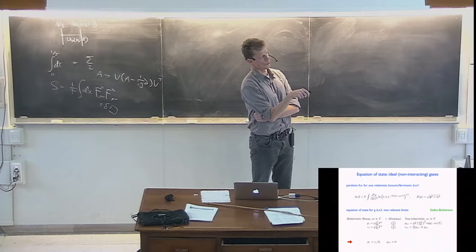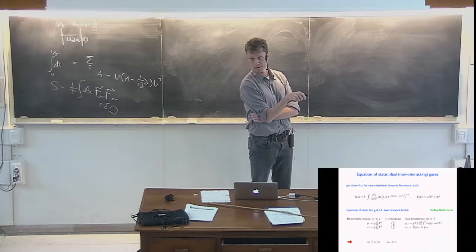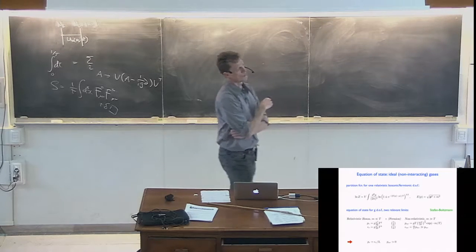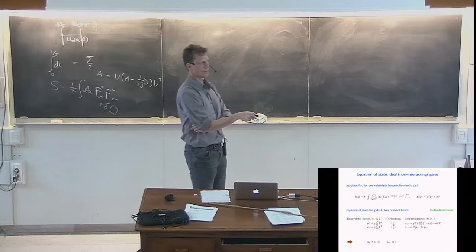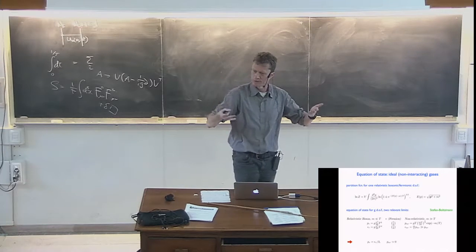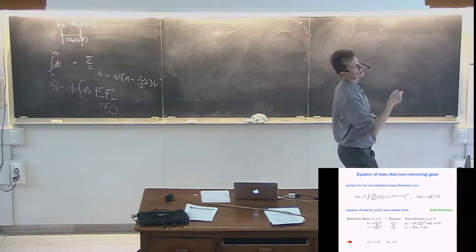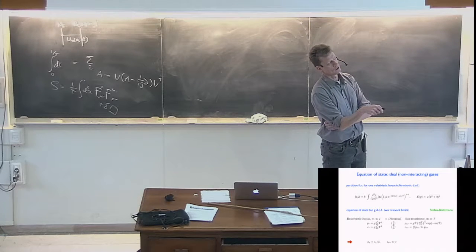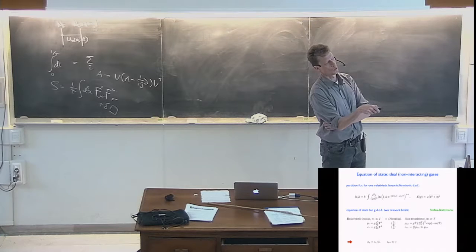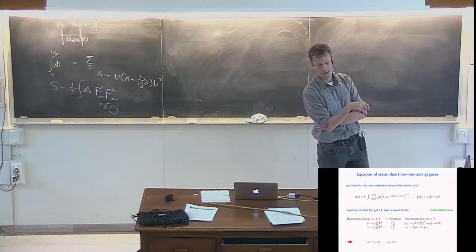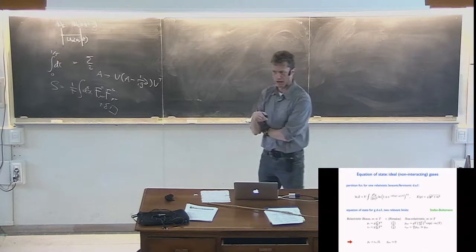When your temperature is much larger than the mass, then your particles whiz about. And in the non-relativistic limit, when your mass is much larger than the temperature, then it's clear there is no kinetic energy. These things are sitting. And then you have this exponential suppression factor. So in other words, the pressure is always 0 or close to 0, and you have just energy, which is mostly due to the rest mass of the system.